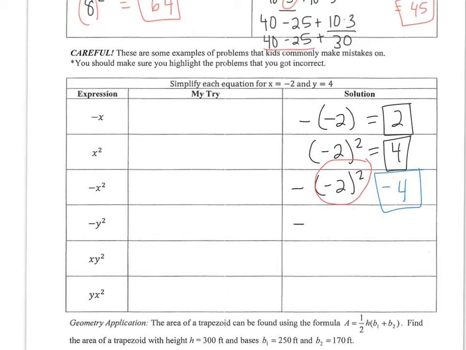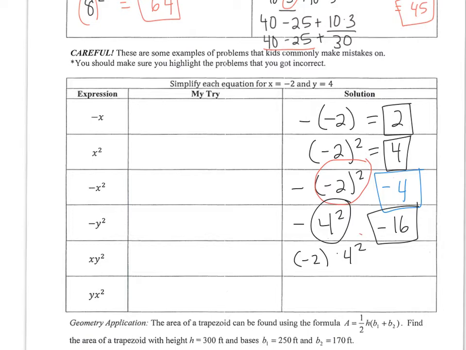And then negative y squared is negative 4 squared. I don't need to put y in parentheses because it's not a negative number. So this is 4 squared, which is 16, and then take the opposite of it, which is negative 16. And then x, y squared.